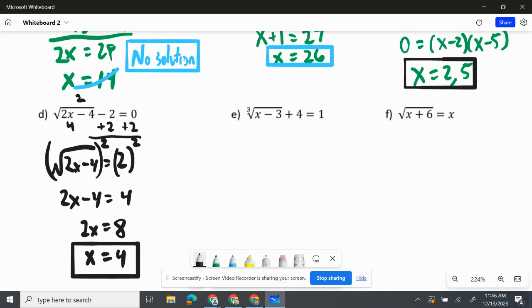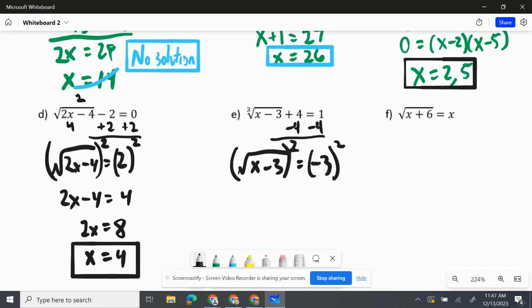For letter E, I'm going to subtract the 4. So when I subtract the 4, I get the cube root of x minus 3 is equal to negative 3. And then I'm going to square both sides. And that gives me x minus 3 is equal to 9. I add the 3, and I get x is equal to 12.